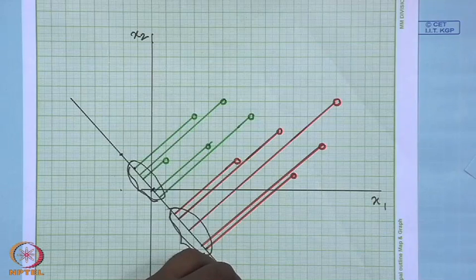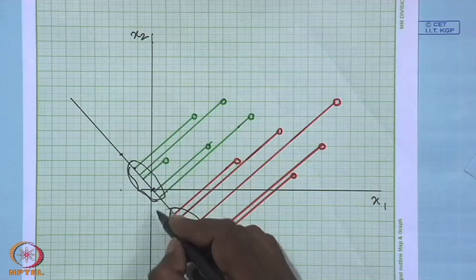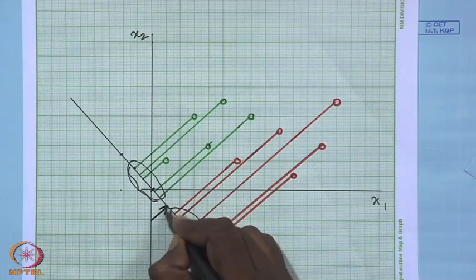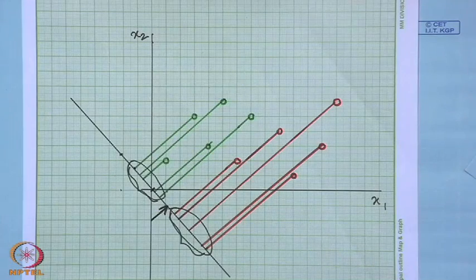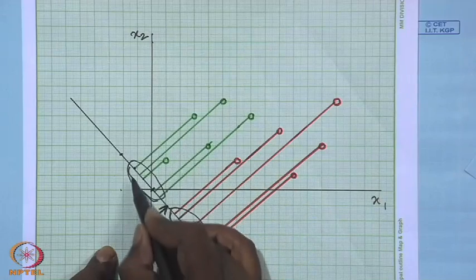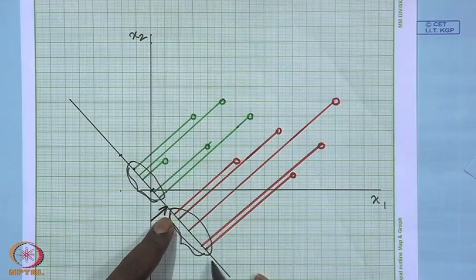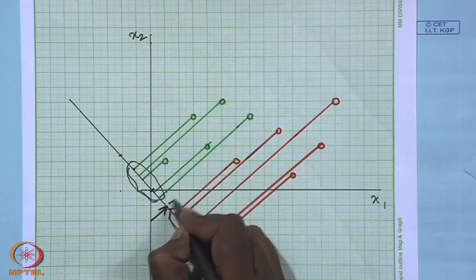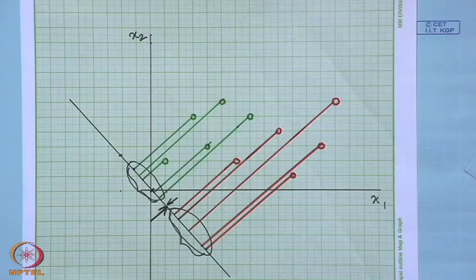For classification purposes, I need to identify a point on this line which will separate these two classes. If these points follow a particular distribution, I can find the mean and variance of this set of points, and also the mean and variance of the other set, and from there I can identify what the threshold on this line should be.